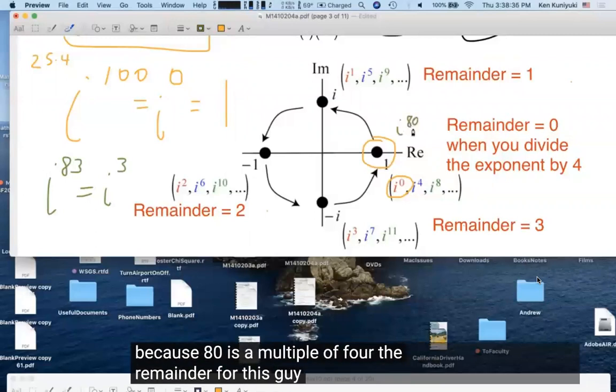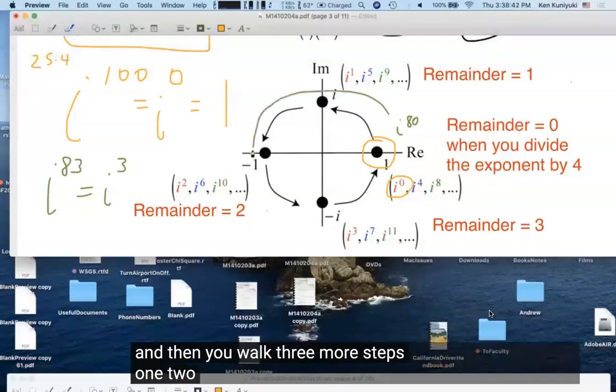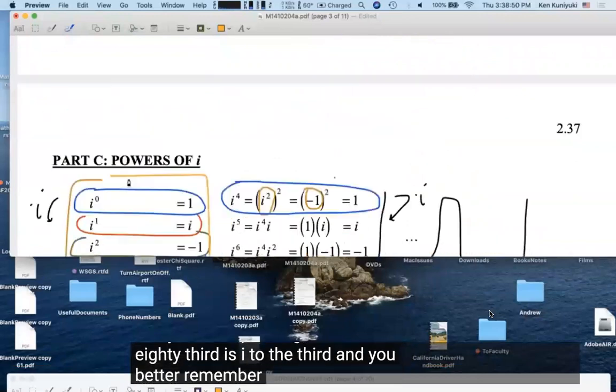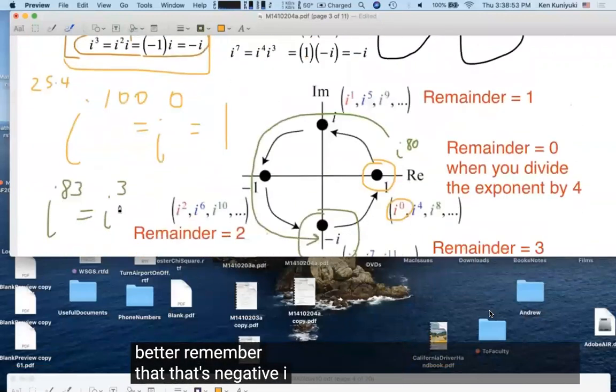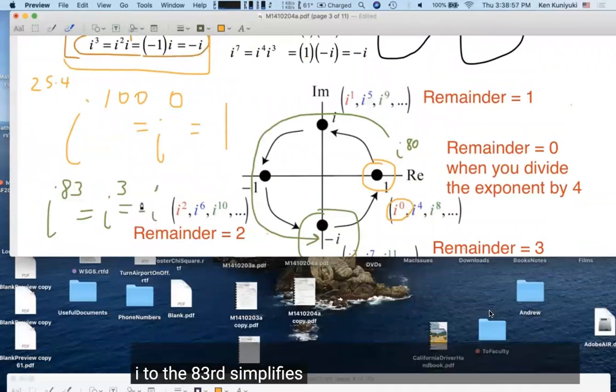The remainder for this guy is 0. And then you walk 3 more steps. 1, 2, 3. And you end up at negative i. i to the 83rd is i to the 3rd, and you better remember that that's negative i. i to the 83rd simplifies to negative i.